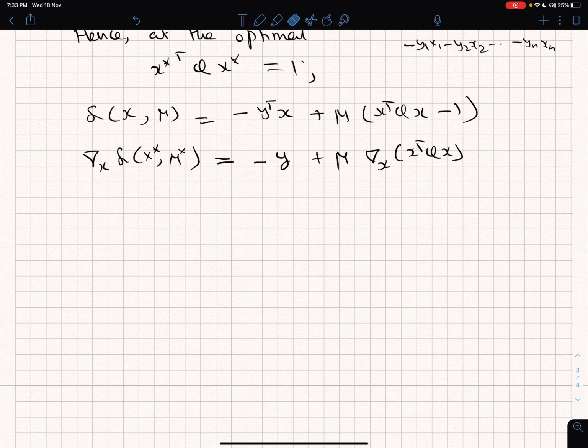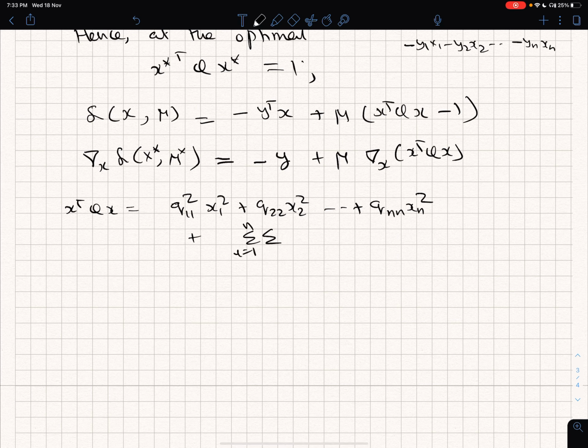So if you look at x transpose Qx, it is going to be q11 x1 square plus q22 x2 square up to qnn xn square, plus the sum over i from 1 to n, j from 1 to n, i not equal to j, of qij xi xj.